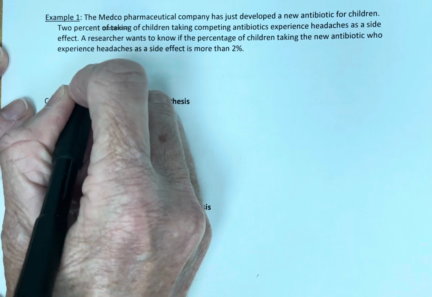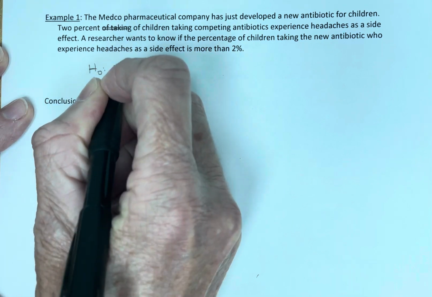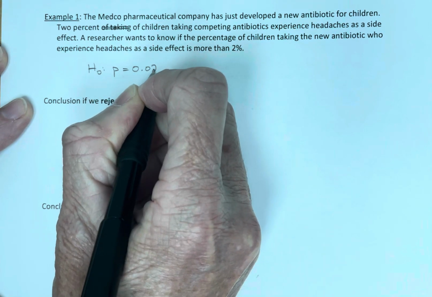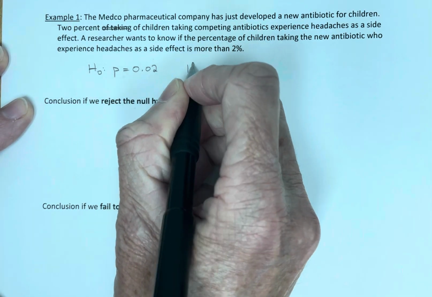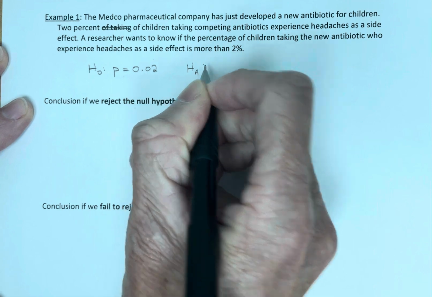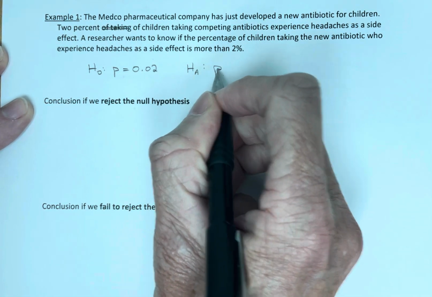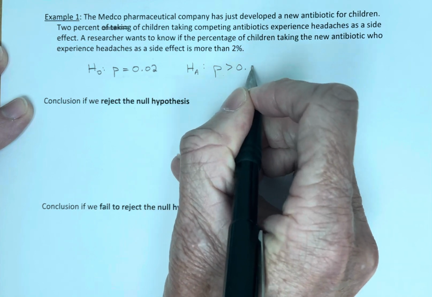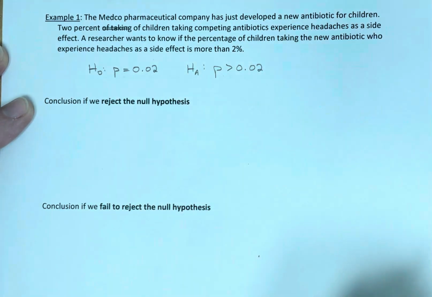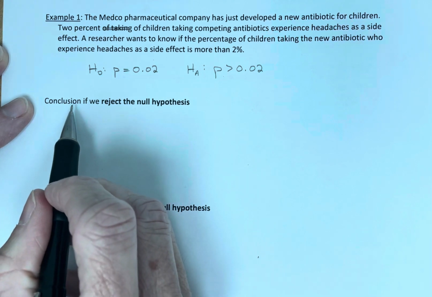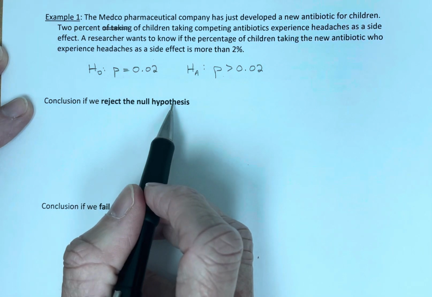Let's remind ourselves our null hypothesis, which is the probability is equal to 0.02. Our alternative hypothesis, H sub A or H sub 1, is the probability is greater than 0.02. How would we write our conclusion if we reject the null hypothesis?